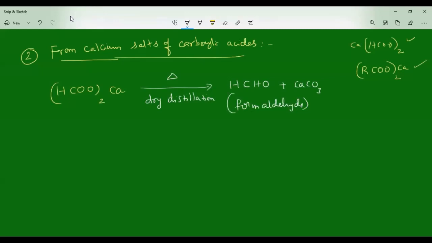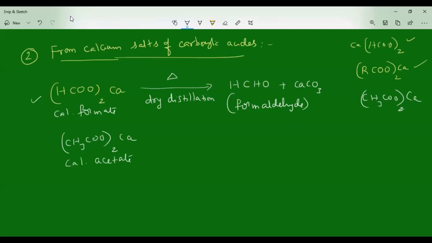Suppose you have taken (CH3COO)2Ca, I'll call it calcium acetate. The first one we have taken is calcium formate, and now we are taking (CH3COO)2Ca, nothing but calcium acetate. The carboxylic acid is acetic acid, and its salt is called calcium acetate.